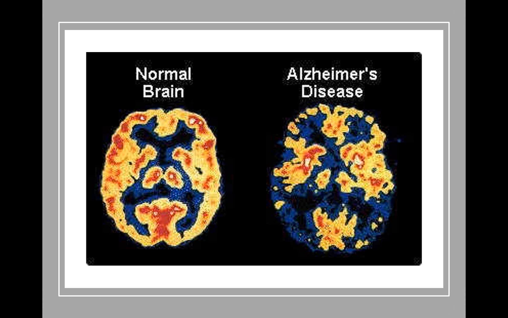Okay, so now here's the comparison, just a snapshot of the activity between two brains, a normal one and someone with Alzheimer's disease. And this is done on a PET scan, which measures the metabolic activity. So you can see significant difference between the amount of activity going on in a normal brain compared to someone with Alzheimer's.